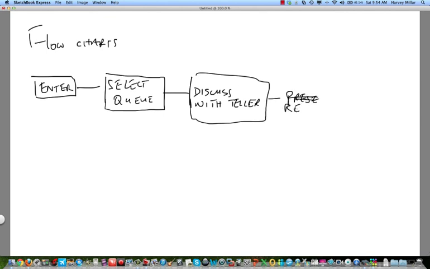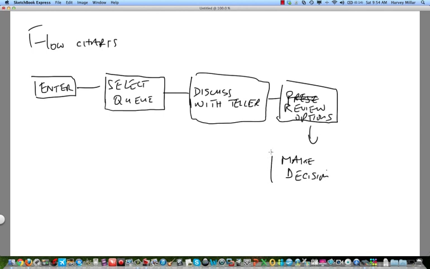We'll say review options. Then you would need to make a decision. Okay. And then you exit. So that's the sort of process flow.